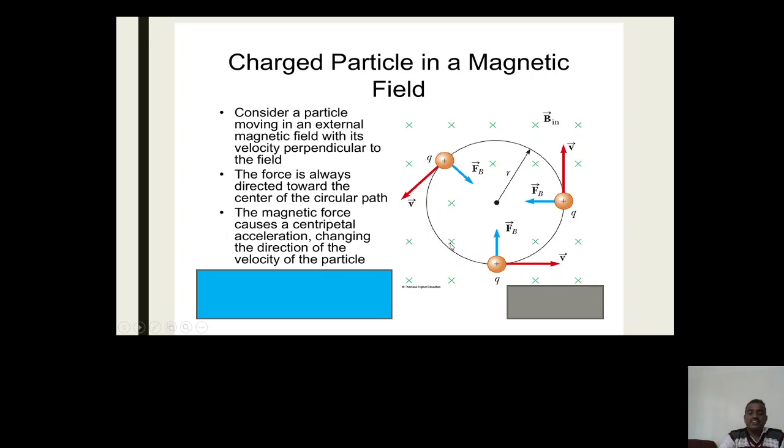The magnetic force causes a centripetal acceleration, changing the direction of the velocity of the particle at every point. That means when a charged particle is placed in a magnetic field, the particle follows a circular path. This is how charged particles move in a magnetic field.